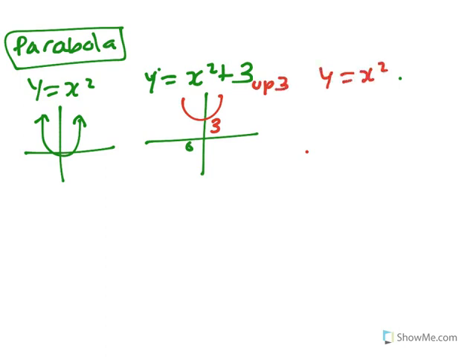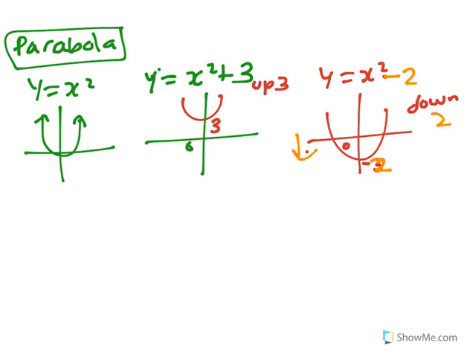If you subtract a number, like minus 3, it will move down 3. If it was minus 2 and not 3, then it would move down 2.